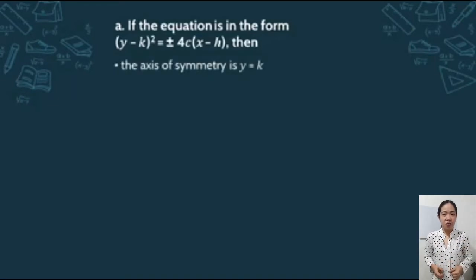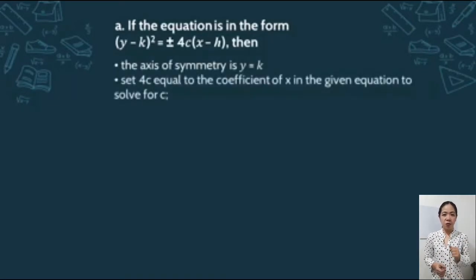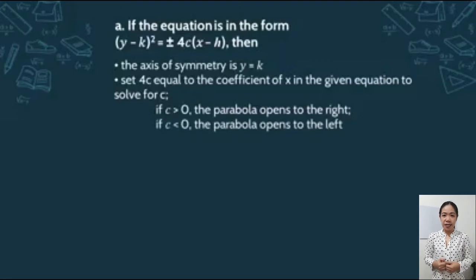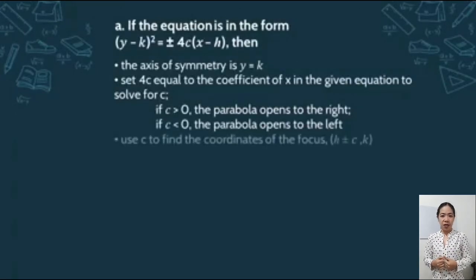So the axis of symmetry is y equals k. 4c will be the coefficient of x in the given equation. So to solve for c, if c is greater than 0, that is positive, the parabola opens to the right. And if c is less than 0, that means it's negative, the parabola opens to the left.